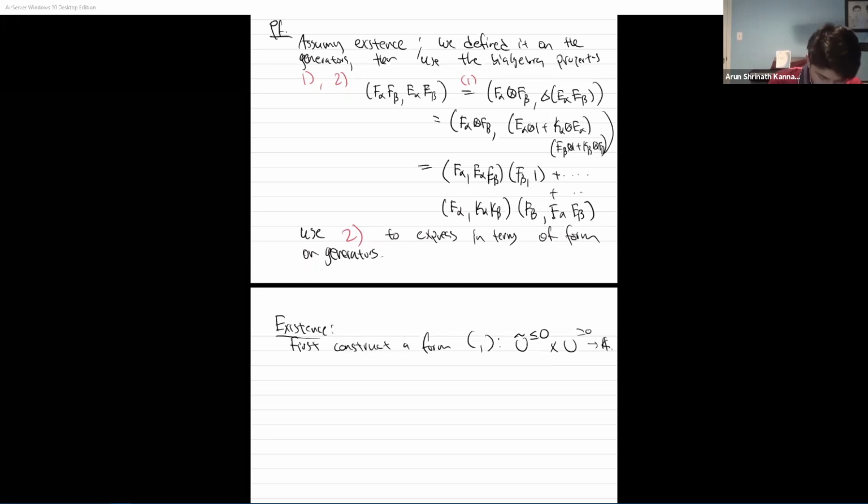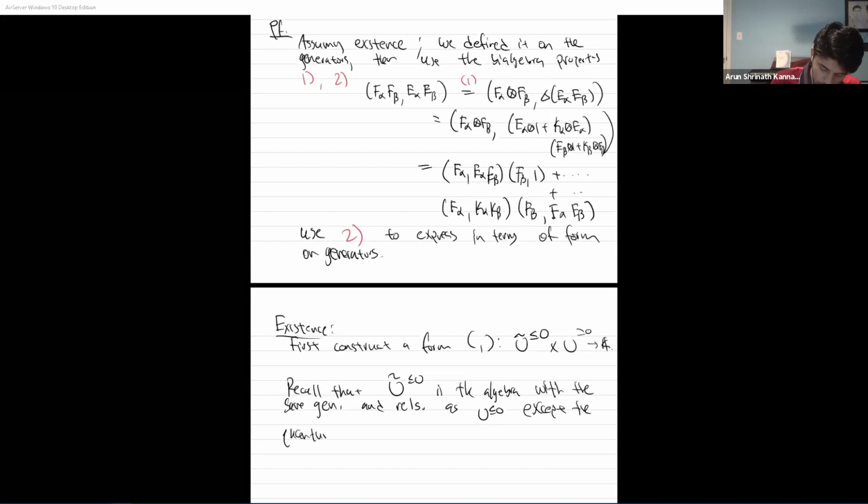So recall that u twiddle less than or equal to 0 is the algebra with the same generators and relations as u less than or equal to 0, except for the quantum Serre relations involving f alphas.